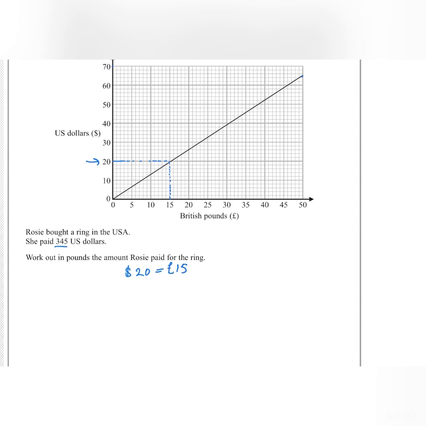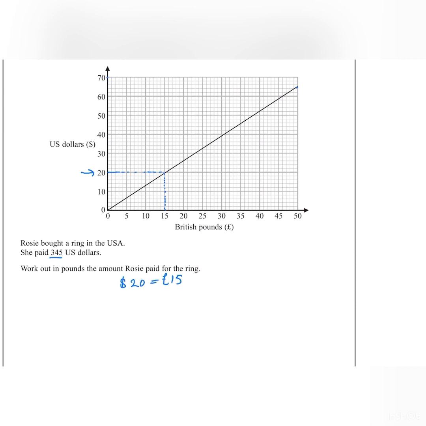Now there are a few ways of doing this question. You could select a different point. You could have selected this point here where it says $30, for example, equals how many pounds. This would be 23 pounds. So you could have selected that as well.